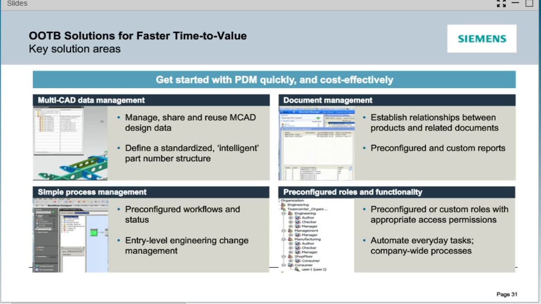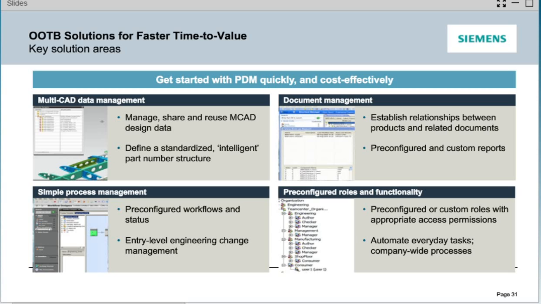And we provide entry-level engineering change management, so I can do my ECNs and my ECOs or ECRs and so on. We've also set up some pre-configured roles and functionality, because engineers have one role versus a sales manager or a shop floor person, and they have specific rights as far as editing data and creating data, and that's pre-configured out of the box.